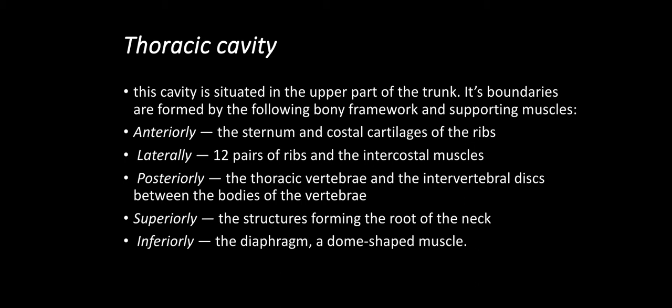Posteriorly behind, the thoracic vertebrae and the intervertebral discs between the bodies of the vertebrae. Superiorly, the structures forming the root of the neck. This is on top, meaning on top of the body superiorly. Then inferiorly, the diaphragm, a dome-shaped muscle. So the diaphragm is dome-shaped.